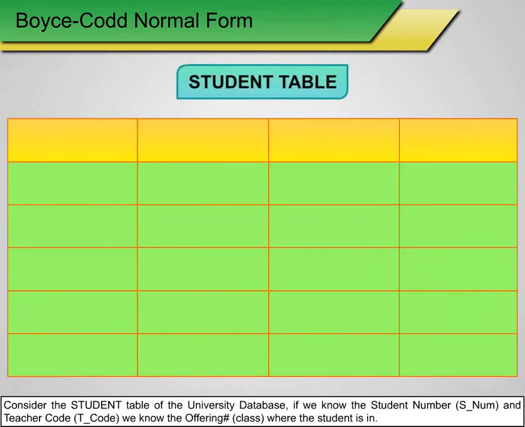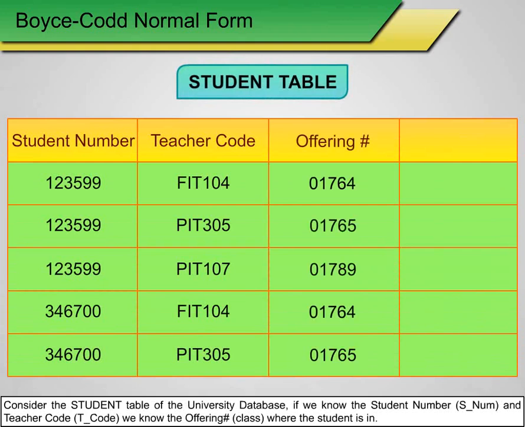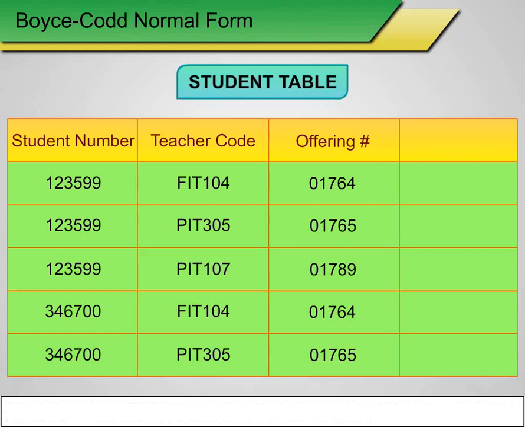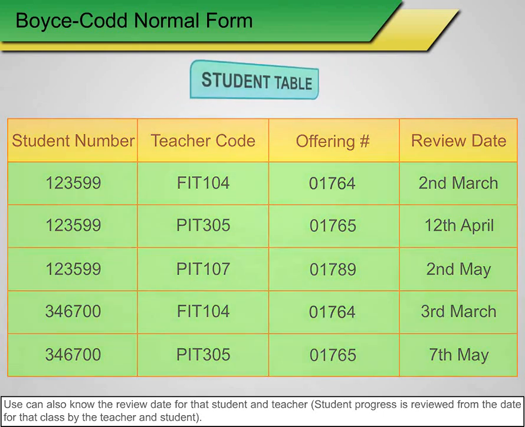Consider the student table of the university database. If we know the student number (SNUM) and teacher code (T-code), we know the offering, that is the class the student is in. You can also know the review date for that student and teacher. Student progress is reviewed from the date for the class by the teacher and student.